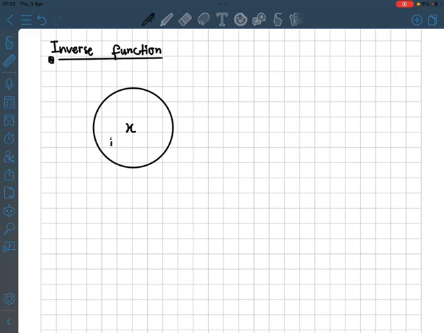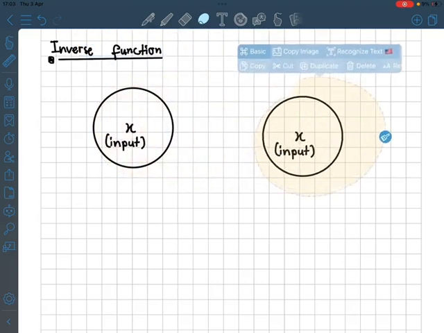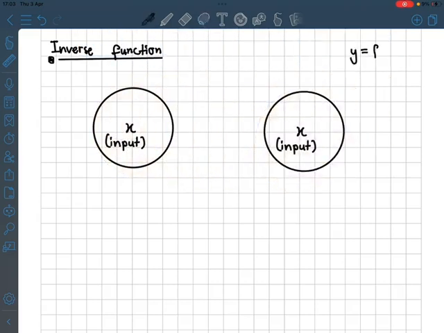X will serve as our input, and we have y, or usually we write y as f of x in this subtopic. So y will serve as our output.